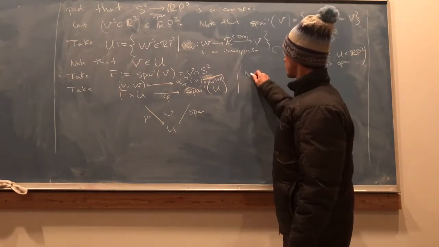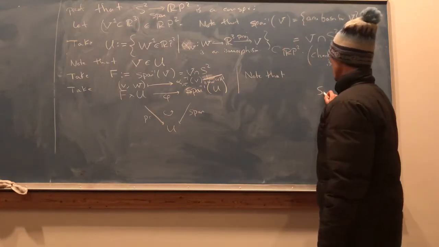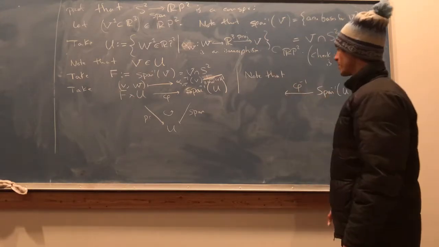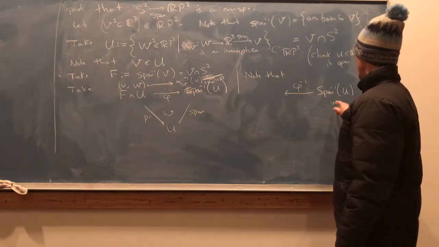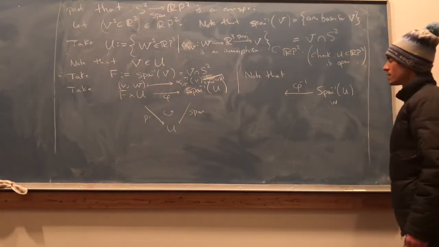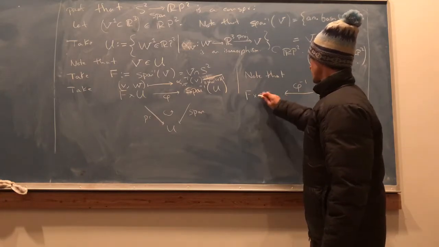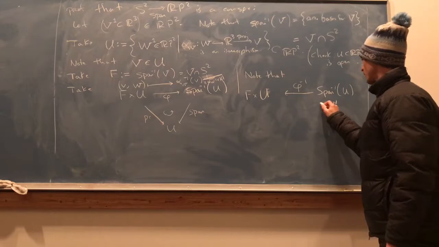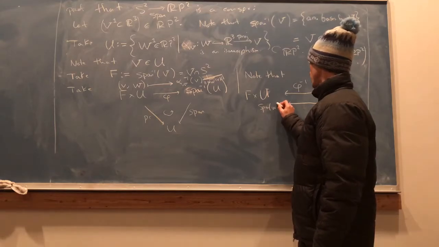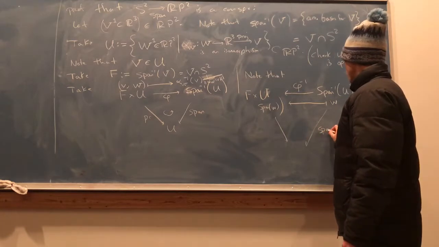And the inverse, phi inverse, is given by sending a unit vector whose span projects isomorphically onto V to which elements of that product? Well, it goes to span W, as it would have to, in order for this diagram to commute.